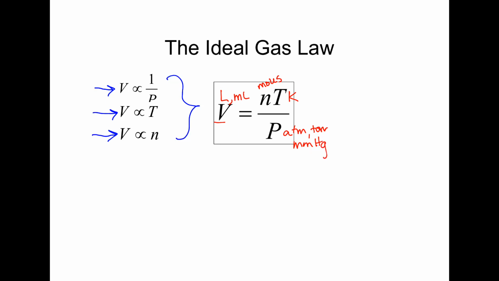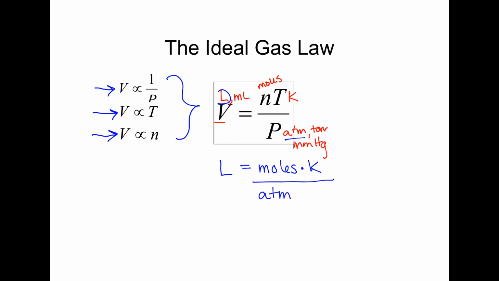And that's why we need to add something extra to this. If I look at these units, I'm just going to pick one of each one of these. So it would be liters times moles times Kelvin divided by, and I'm just going to go with atmospheres, but it doesn't really matter here.